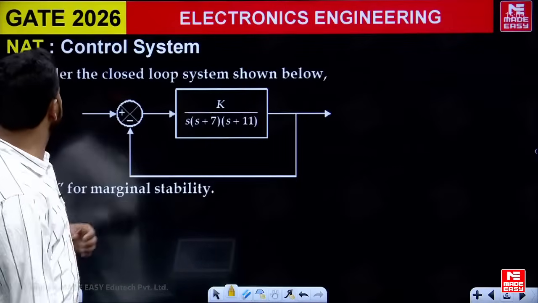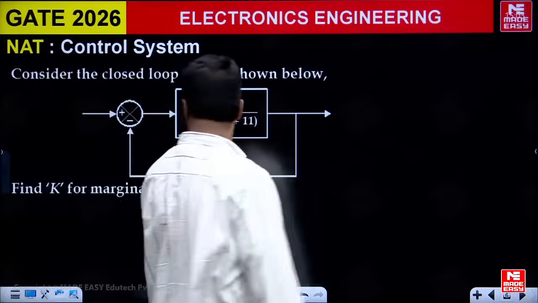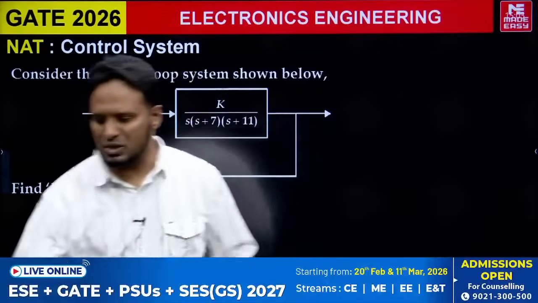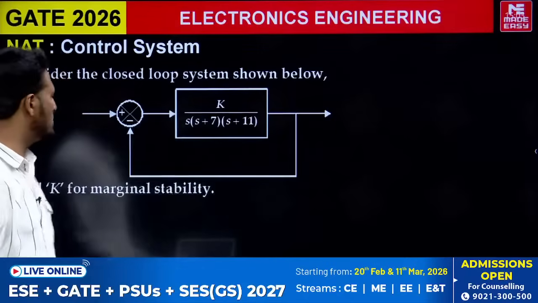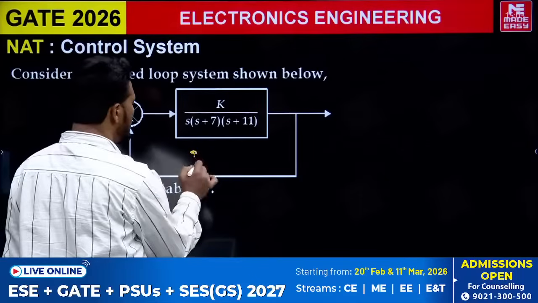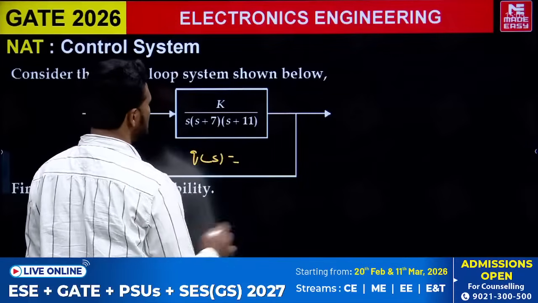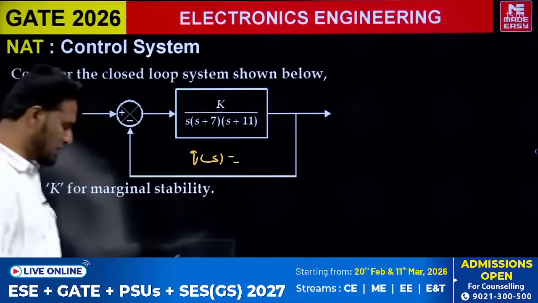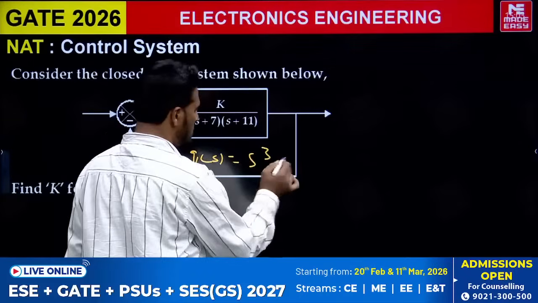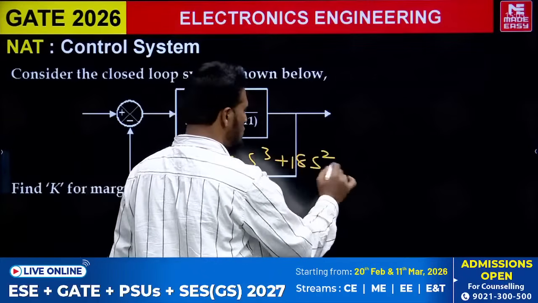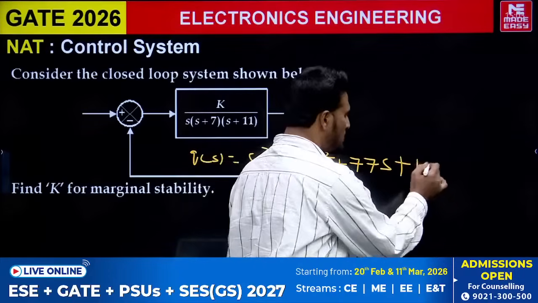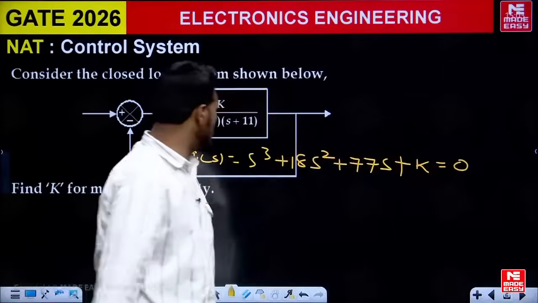That's correct. Good. Next, we have this block diagram. The question is to find the value of K for the system to be marginally stable. Obtaining the characteristic equation of the system, it becomes s cube plus 18 s square plus 77s plus K equal to 0.